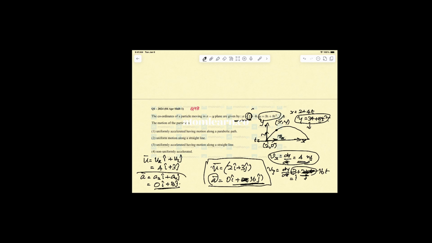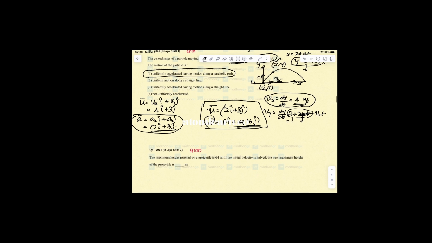Therefore, it is uniformly accelerated motion, and obviously it will be a parabola. Parabolic path, because any two-dimensional constant acceleration motion will always be a parabola. Right? Now the only thing is the parabola.